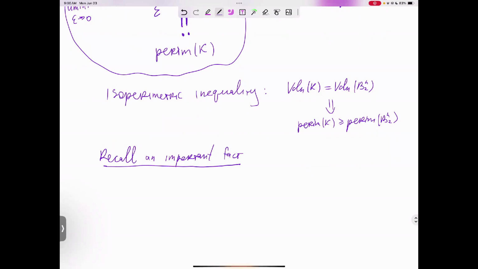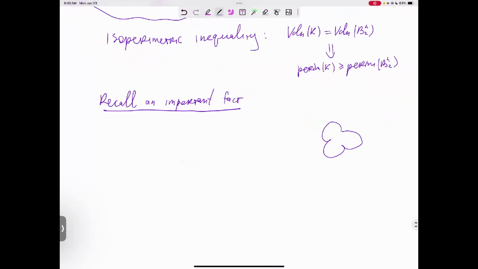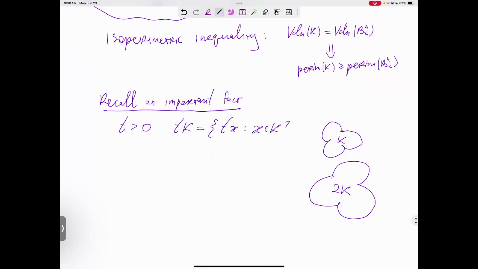So if I take my set K, and I inflate it by a factor of 2, for example, I consider the set 2K. More generally, if t is bigger than 0, tK I will consider to be the set of tx, where x is in K. So I just inflate a set by a factor.